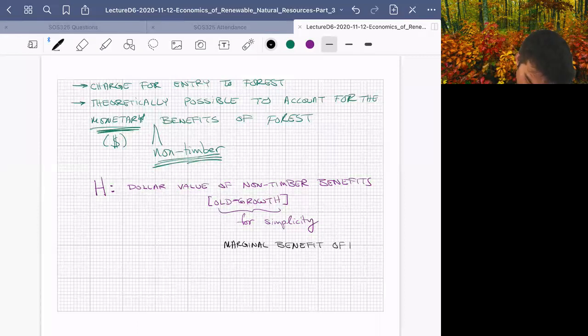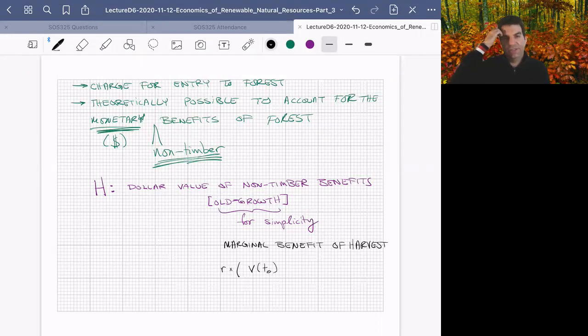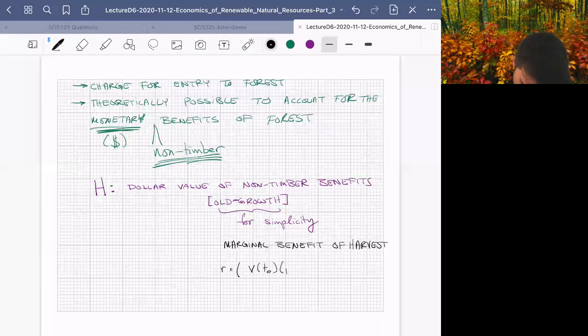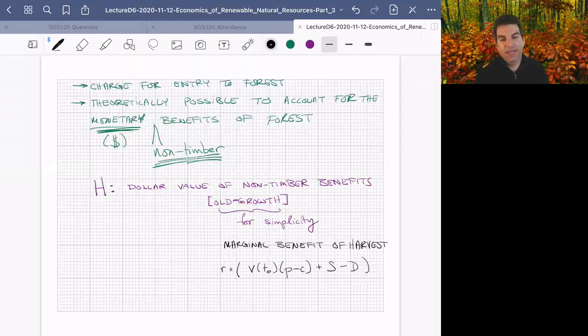So the marginal benefit of harvest is going to be, and I'm going to scale it by the interest rate here, my volume of trees cut at the time of harvest, which I'm calling T0, multiplied by the net benefit per volume, plus this S minus D quantity, which is my site value minus the amount that I had to replant.